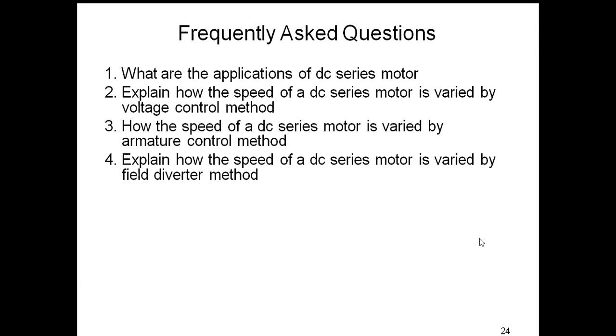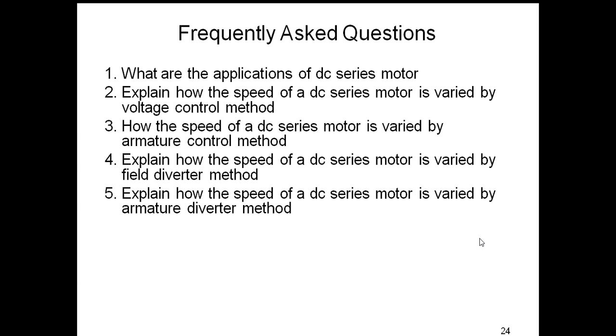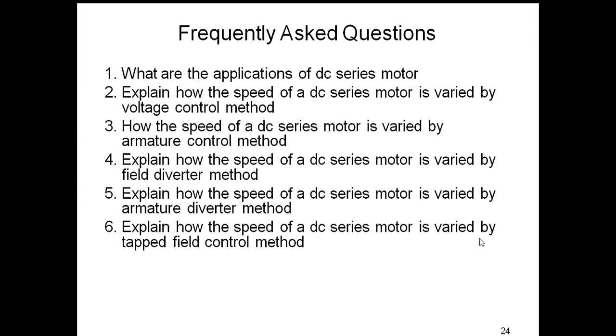The fourth one is explain how the speed of a DC series motor is varied by field diverter method. And the fifth question is explain how the speed of a DC series motor is varied by armature diverter method. The next one is explain how the speed of a DC series motor is varied by tapped field control method.